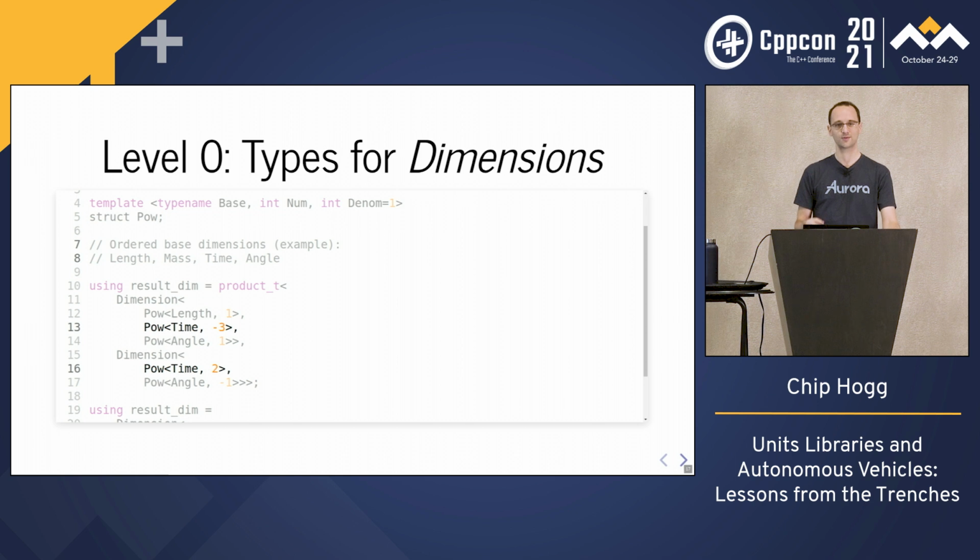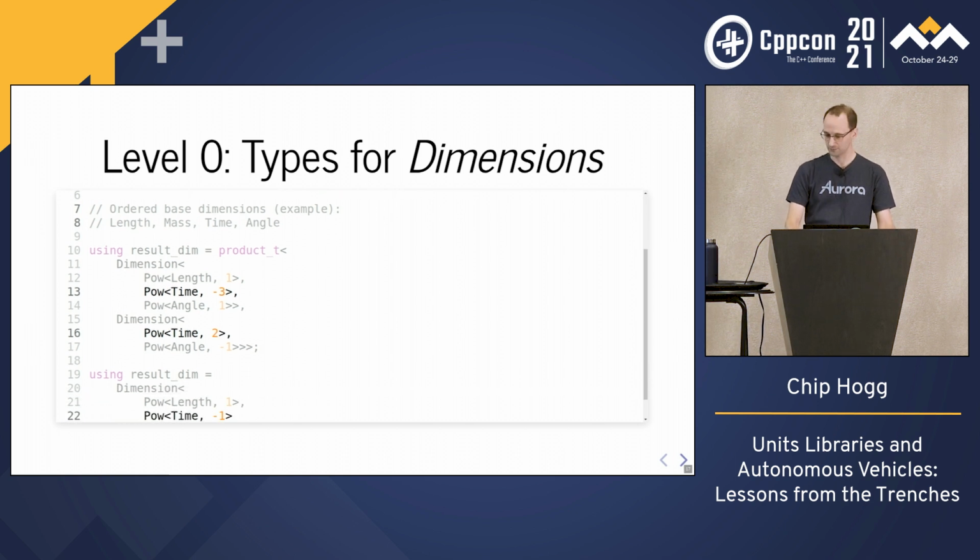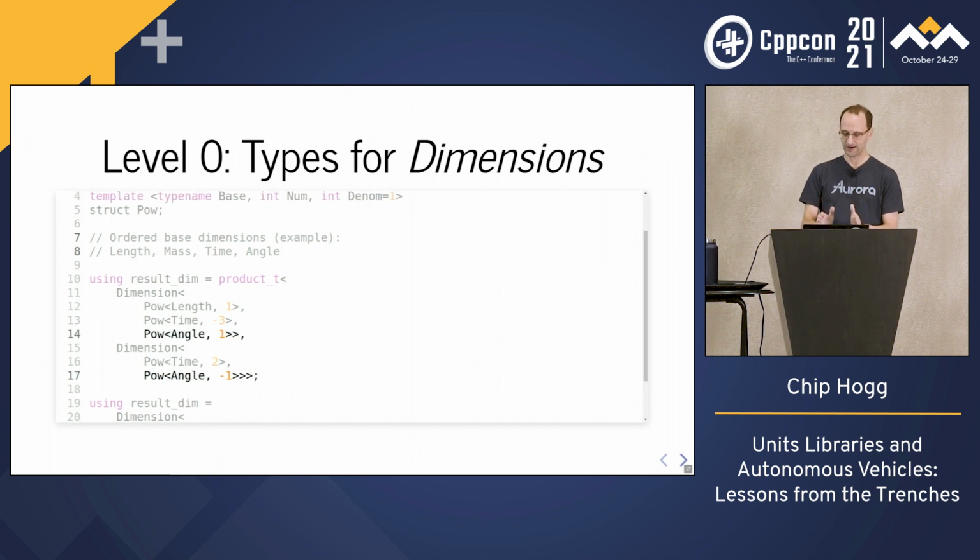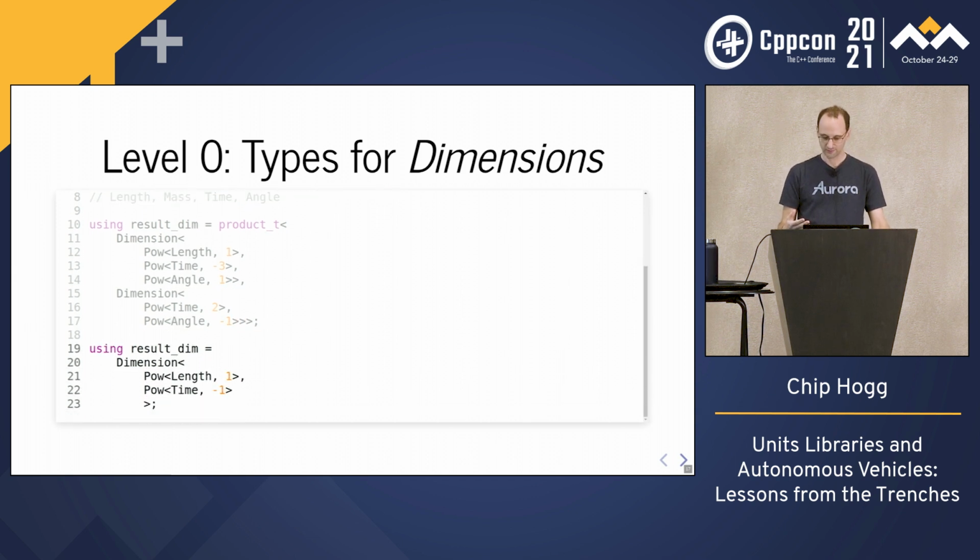These are the same, so we just add the exponents and copy the result to our output. Finally, angle and angle. Again, the same. But this time, when we add the exponents, we get 0. Therefore, we omit angle from the output so that we keep our types unique. In the end, we find that the product is length to the 1 times time to the -1 for the dimension.